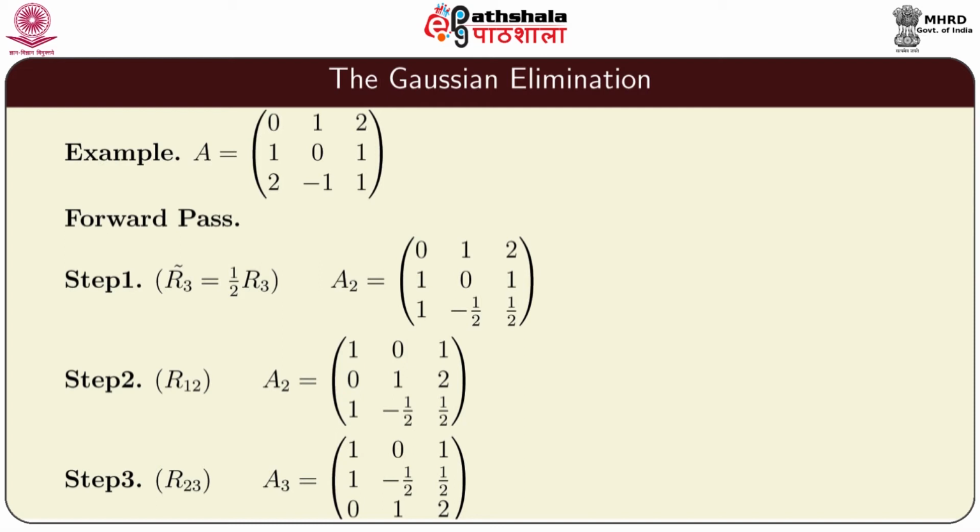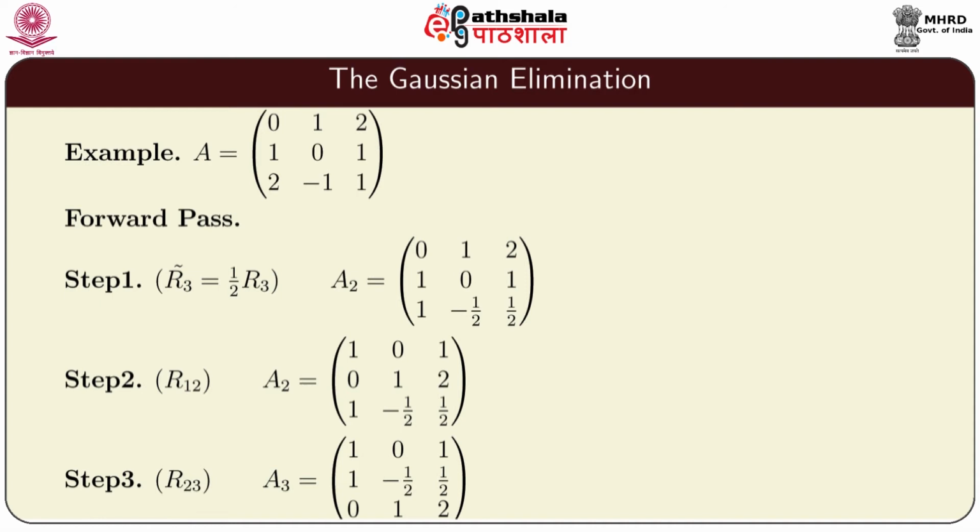The first non-zero entry of the second row is surely 1, and it is placed in the second column, but the second column has one more non-zero entry, namely minus 1. That is not allowed. So we have to get rid of that minus 1 from the 3,2th position of the matrix A2 to be precise. Look at step 3.